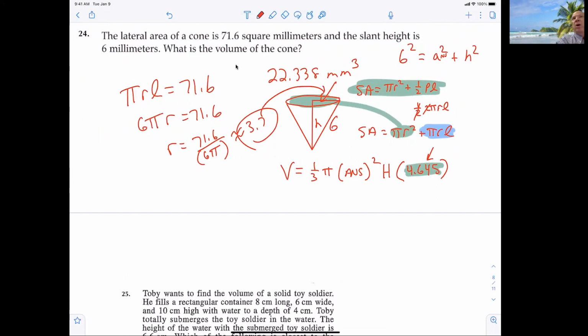Now notice I like Bo. He's not just writing down 4.645, he's asking me. I think that's a really good problem. There's lots of math you have to understand there, and if you don't understand what's going on, it'd be helpful to say, hey, I'm a little lost. No one's lost. That's good news.